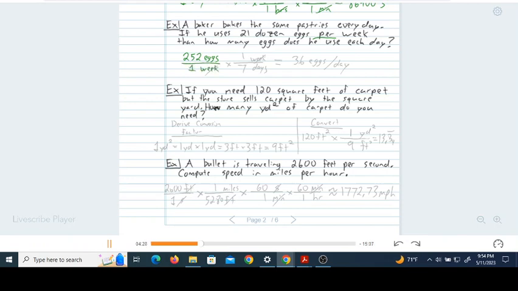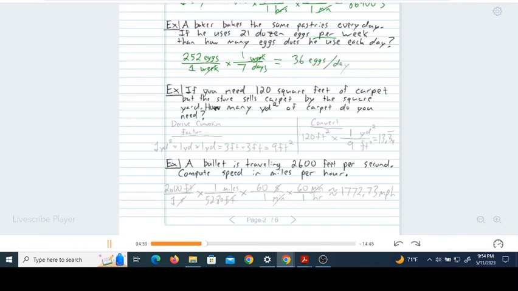So we want to convert from eggs per week to eggs per day. So if we want to convert away from weeks to days, we'll put weeks on top, days on the bottom. Note that units cancel, and it's 1 week per every 7 days. Alright, which leads us to 36 eggs per day.